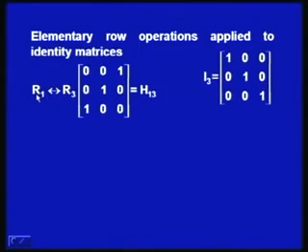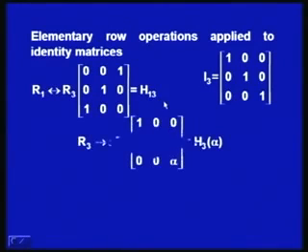So, when I apply this operation, then what I have is a matrix H13. So, H13 represents an elementary row matrix which is obtained by applying an elementary row operation of the type where R1 is interchanged with R3. That is the significance of this 13.